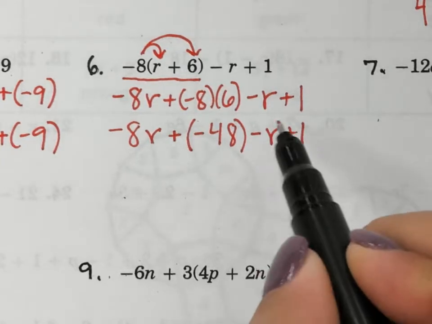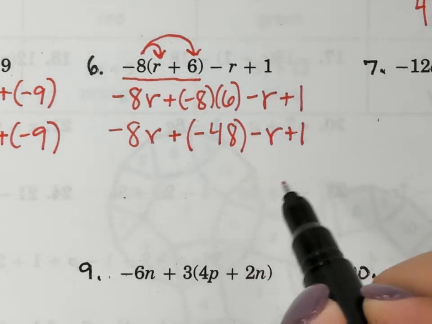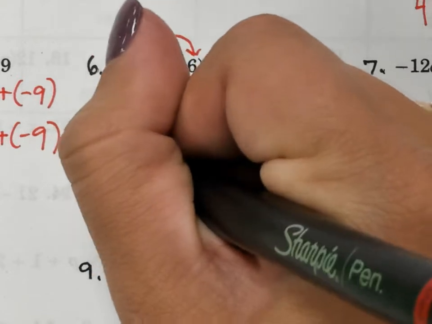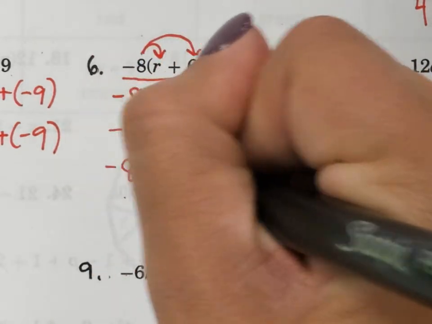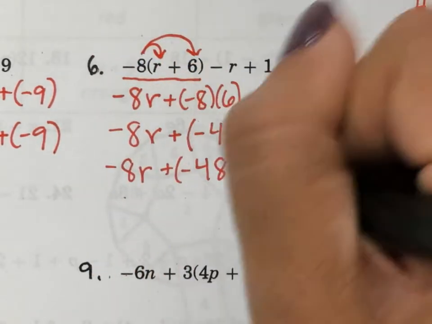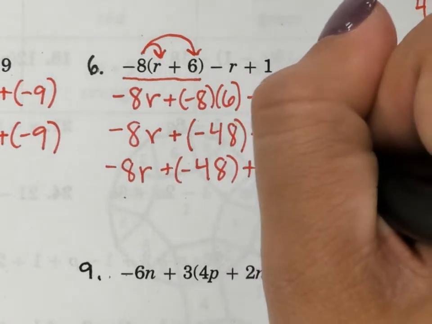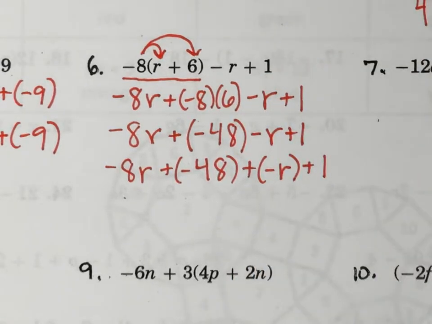I need to change this minus r to a plus negative r. Okay. So I've got negative 8r plus negative 48 plus negative r plus 1. Now I need to regroup. So I'm going to regroup my like terms.